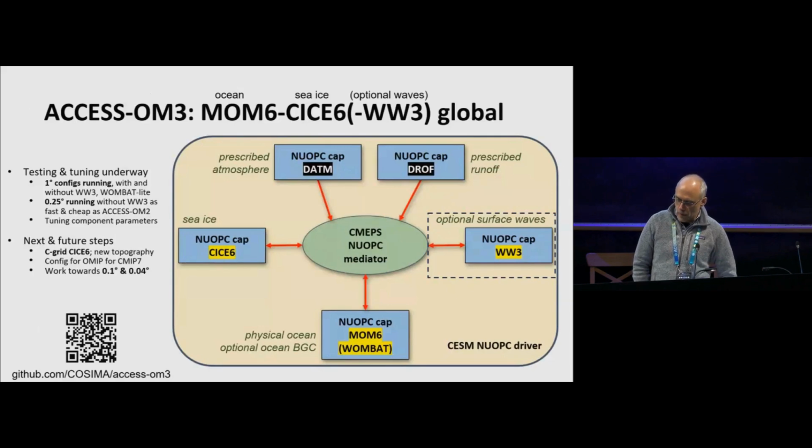And so in ACCESS-OM3, we've got SICE6, MOM6, WaveWatch 3. WaveWatch 3 is optional, and there's prescribed atmosphere and runoff going into the model. There's a 1 degree configuration running, including with the surface waves and also with the biogeochemistry, and a quarter degree is also running and has been tuned to be as fast and cheap as ACCESS-OM2 at a quarter degree, which we're quite pleased with.